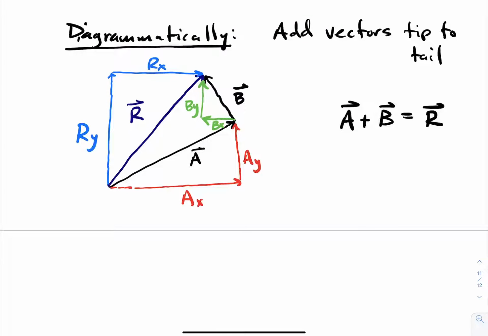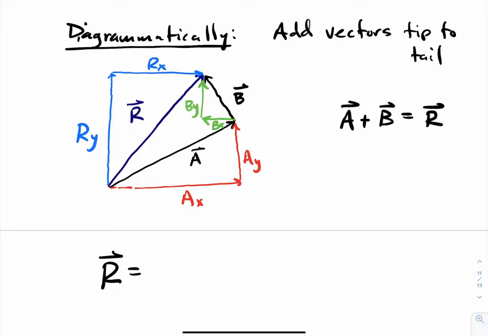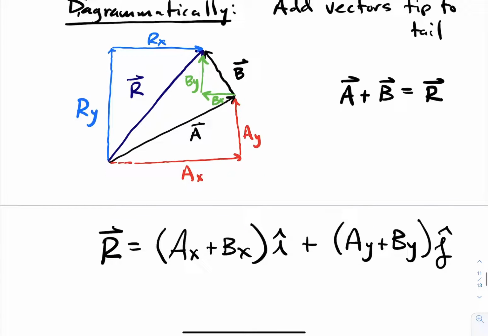That means that if we say R is equal to, we would have to give the horizontal and vertical components, and those are given just by adding AX plus BX in the X direction, and AY plus BY in the Y direction, just like our picture shows, and that would give us the total R vector.